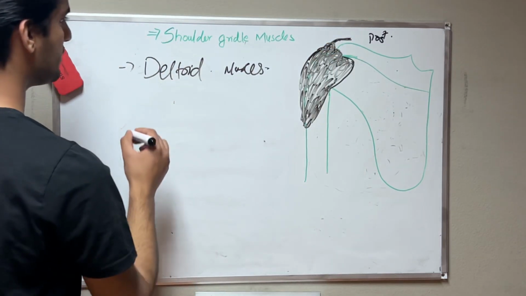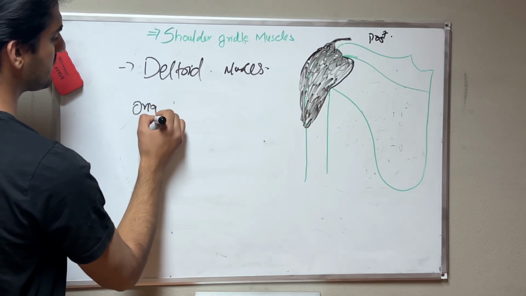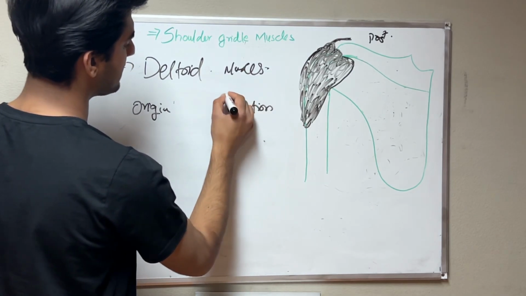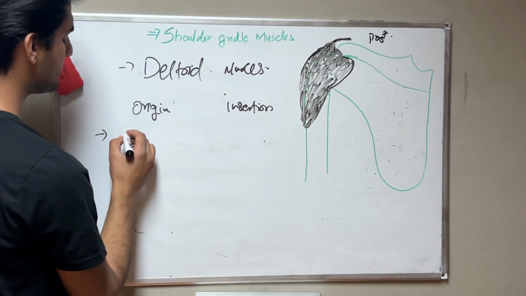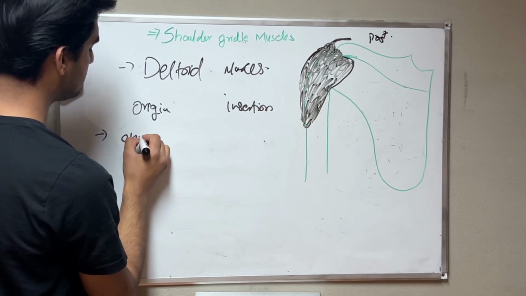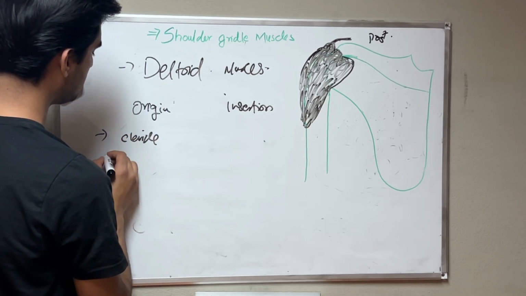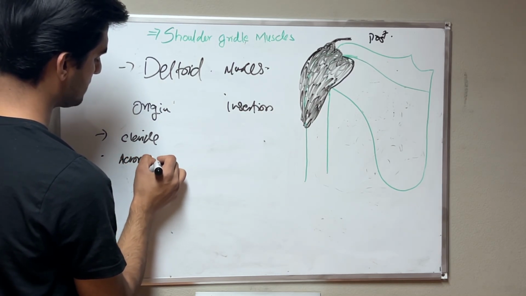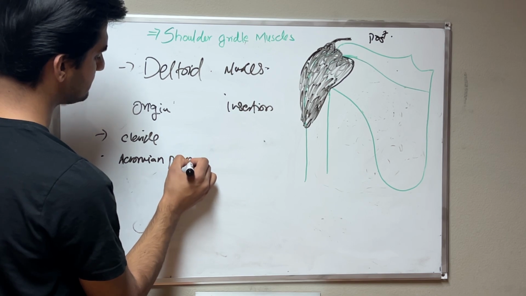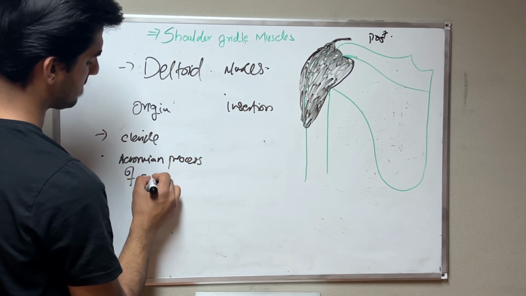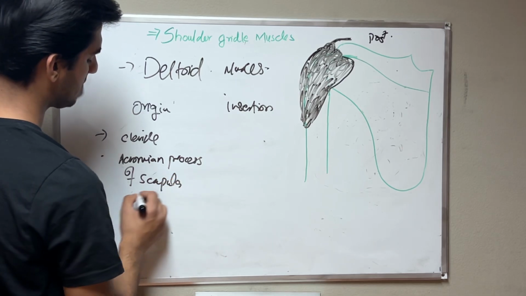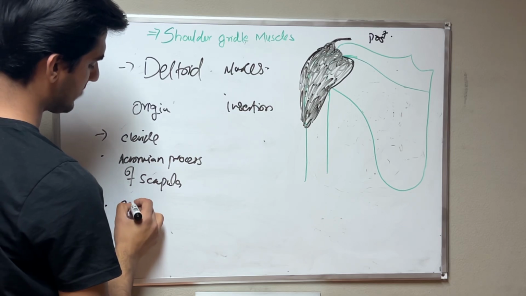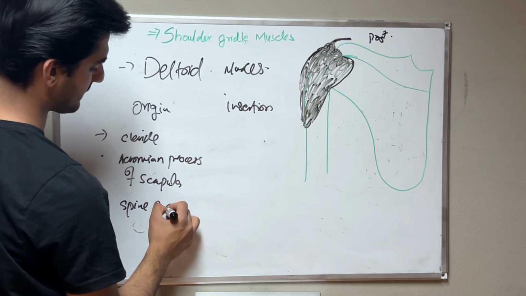Okay, if you write the origin and insertion of the deltoid muscle, then we need to write here: clavicle, second the acromion process of the scapula, third the spine of the scapula.